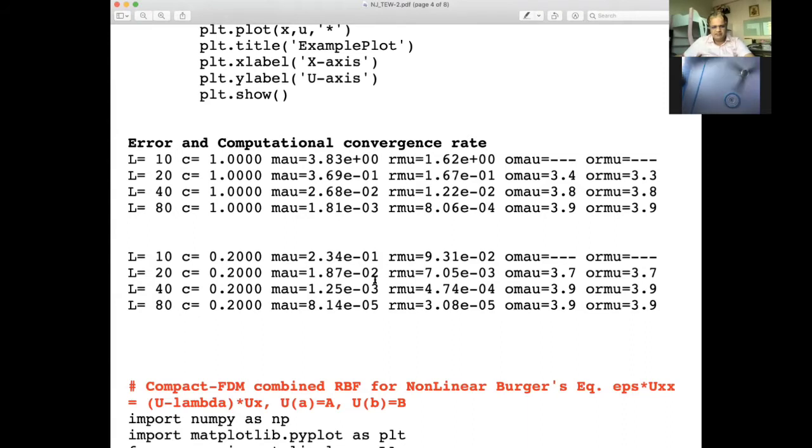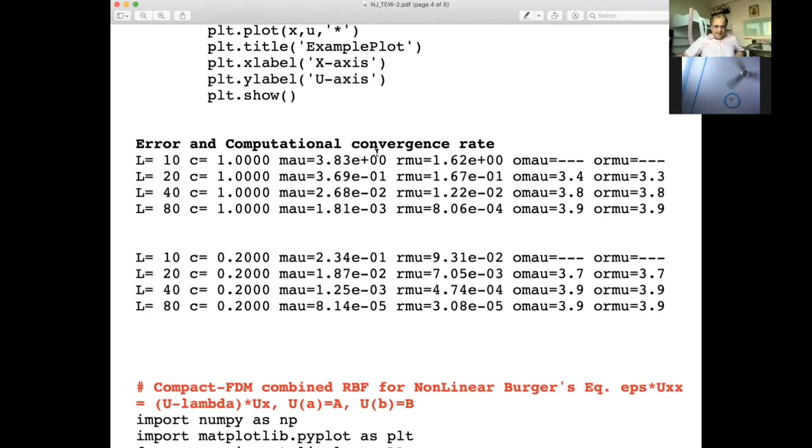This is the error. Same way we can interpret error, order, everything fine, but I would like to mention that just compare the error in case of shape parameter C equal to 1 and in case of shape parameter C equal to 0.2. Which one is better?